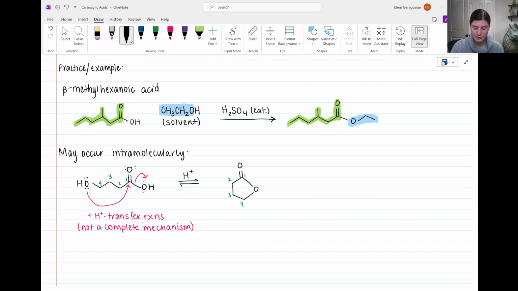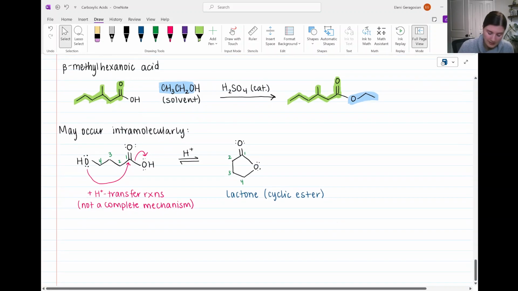We've kicked off the OH group through the mechanism. And so this is a cyclic ester. This is actually called a lactone. So there's our ester product for that intramolecular esterification reaction. Now, a little side note about lactones.